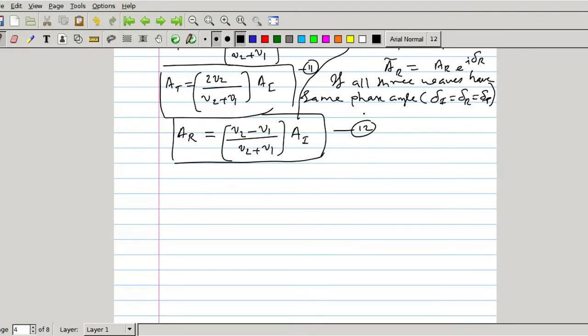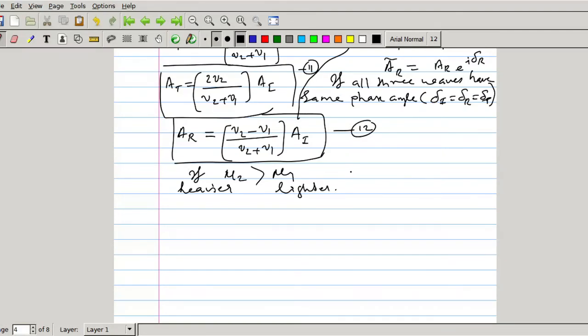If I consider the second medium as a heavier medium, mu2 greater than mu1, so the second is heavier and the first one is lighter.